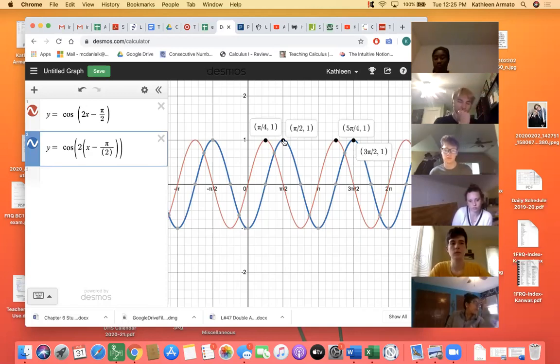I actually am starting the cycle at pi over 2 and doing a period of pi. So I kind of like the second one better than the first one. Okay. So when it's written like this, when you have a number times a quantity, x plus or minus something, this tells me the shift. If it's multiplied out, this does not tell me the shift.